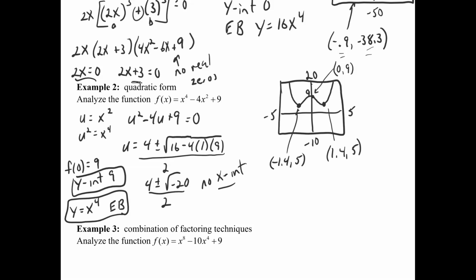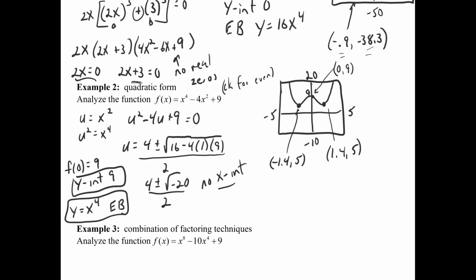So we could actually think about whether it's symmetric to the y-axis by just finding f of negative x and thinking of this as, is this an even function? Because if it does have symmetry to the y-axis and it is an even function, then f of negative x is the same as f of x, and we do get that. So you could just do a quick check for even.